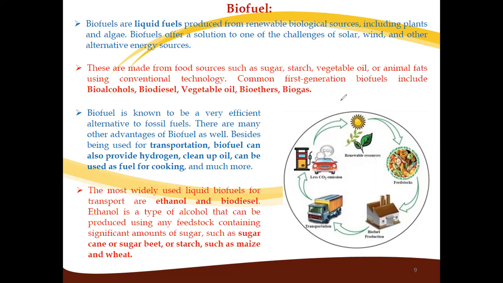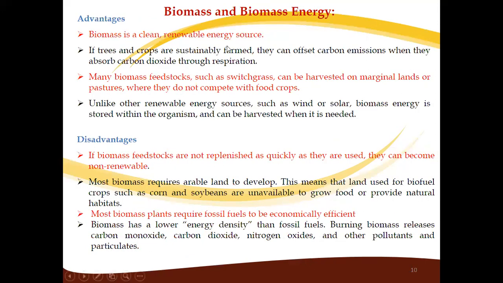Now we'll see the advantages and disadvantages of biomass and biomass energy. First we will see advantages. Biomass is a clean and renewable source of energy. If trees and crops are sustainably farmed, they can offset carbon emissions when they absorb carbon dioxide, so carbon emission can be reduced.